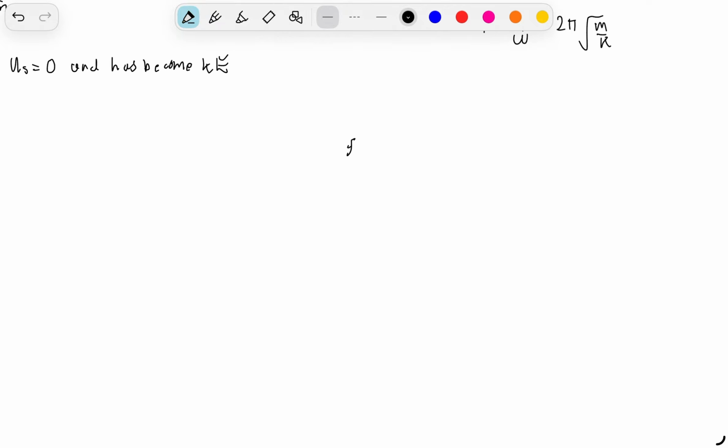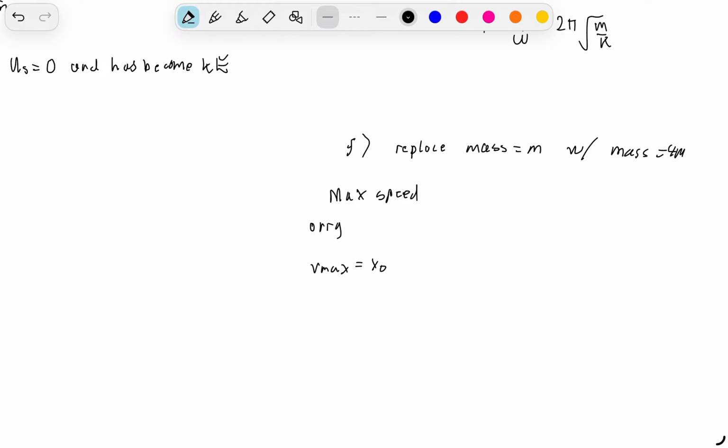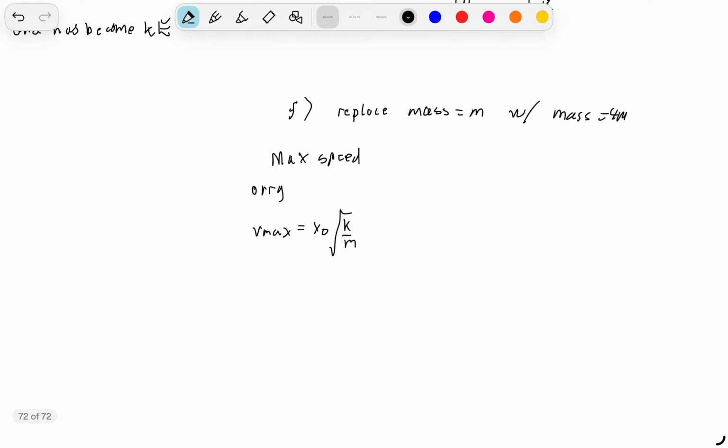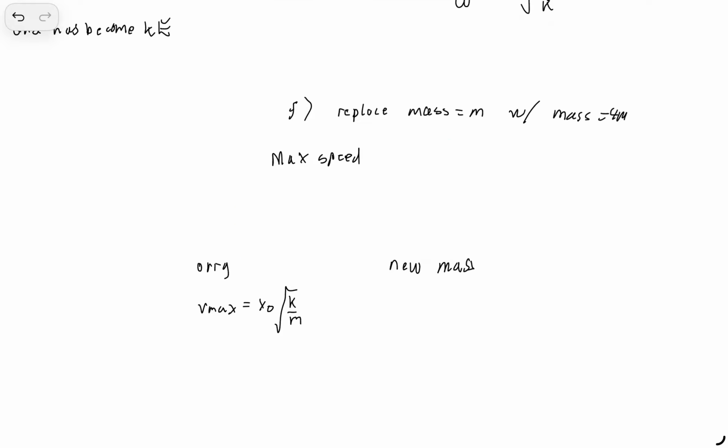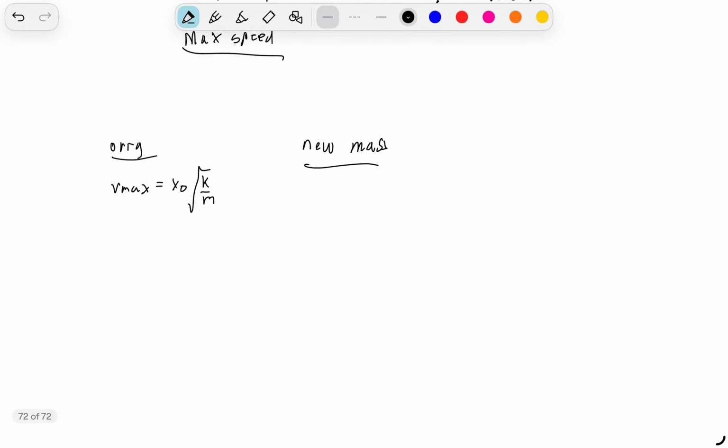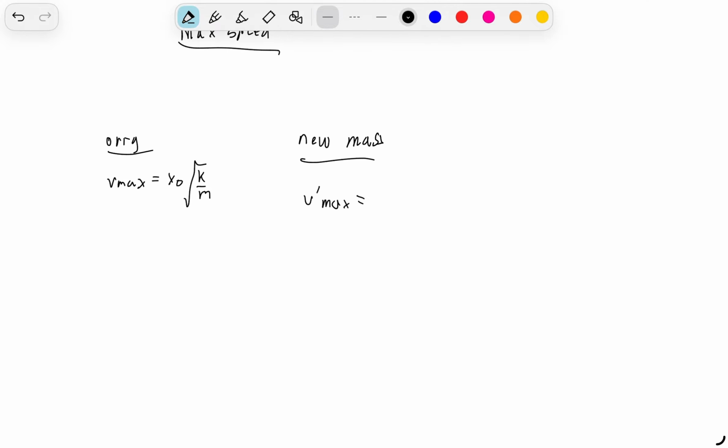So if we replace mass equals m with mass equals 4m, let's find our maximum speed. We had originally that v max is equal to x naught times the square root of k over m. So with your new mass, v prime max is equal to x naught times the root of k over 4m.